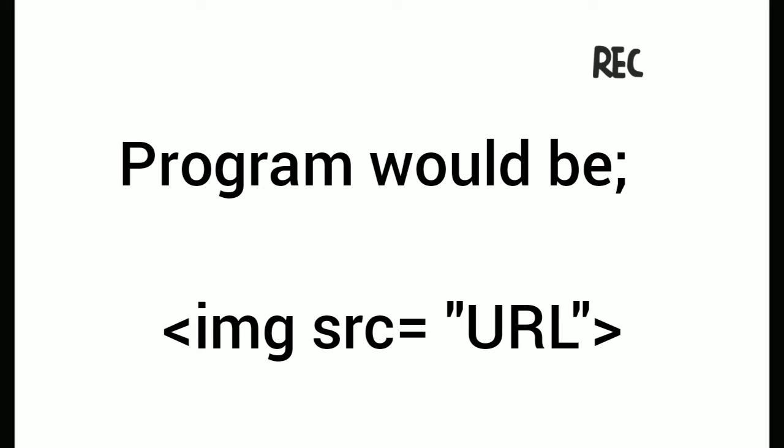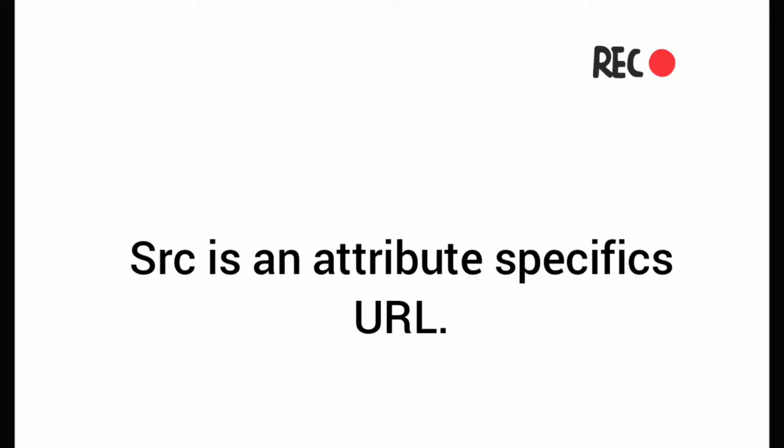The program would be image src equal to the link, which is a URL taken from any other network or a web page or a YouTube channel or images or GIF or a PDF. Anything can be given here, it will correspond to it. src is an attribute that specifies the URL.